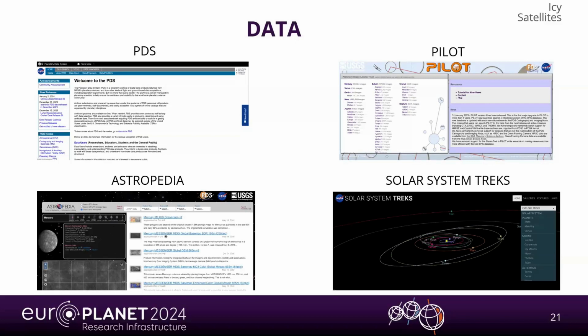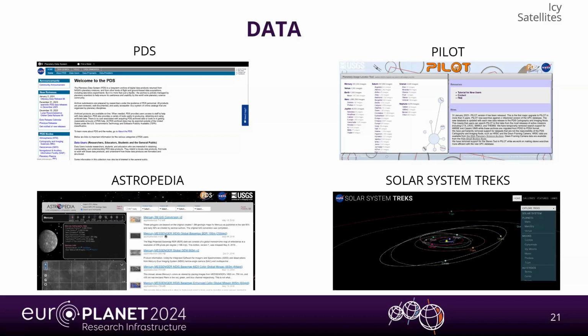And also there is Astropedia on the USGS Astrogeology website, a portal and catalog of mostly cartographic products. For instance, here you can find the global mosaics of the main icy satellites, such as Europa and Ganymede, and also their geologic maps and their GIS datasets.